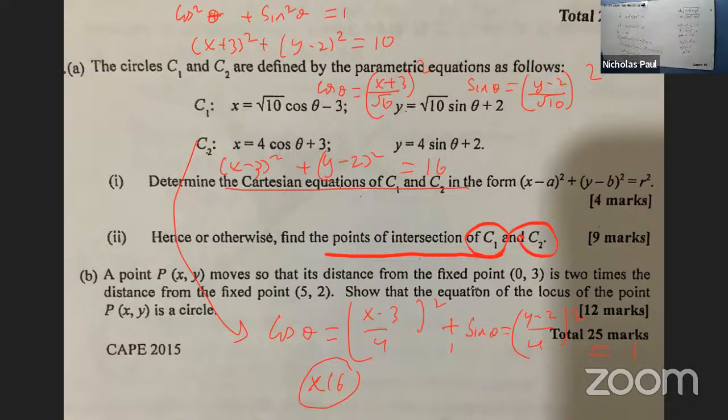Then use that to make x or y the subject. For homework, I want you to try that. Subtract C1 and C2, and then make y the subject on the line and finish the homework.